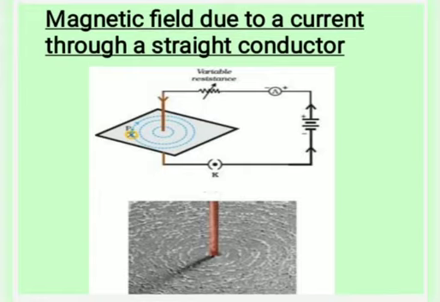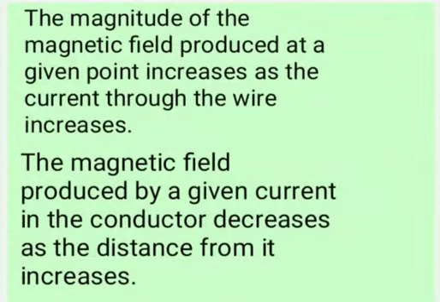The magnetic field strength is more near the wire, but it reduces away from the conductor. If we place a magnetic compass near the conducting wire, the deflection of the needle is more, but the deflection reduces away from the conducting wire. Thus, the magnetic field produced by a given current in the conductor decreases as the distance from it increases.